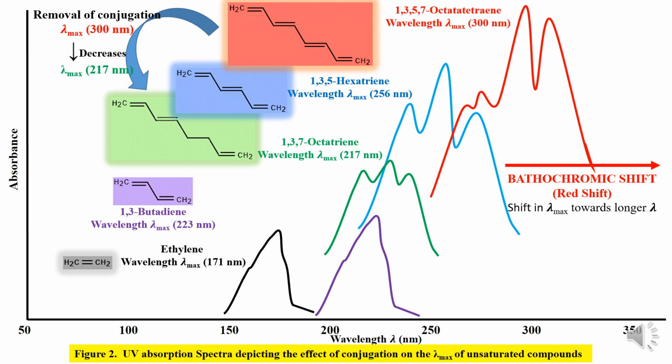That is, you see a bathochromic shift. And with the removal of conjugation, there is a decrease in the lambda max value. So these 5 representative unsaturated compounds and their lambda max values explain the influence of conjugation on the lambda max of a compound.